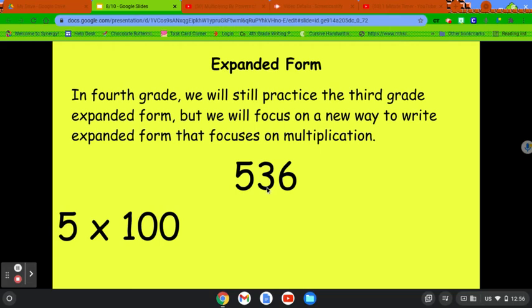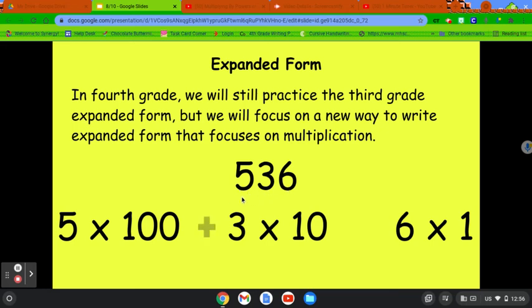Moving on, the 3 is in the tens place, so that is 3 groups of 10. And the 6, of course, is in the ones place, so that is 6 groups of 1. Now that we have the multiplication expressions that represent each of our digits, we will simply add them together, just like we did with the values in third grade expanded form.